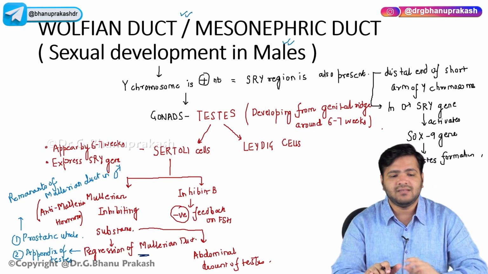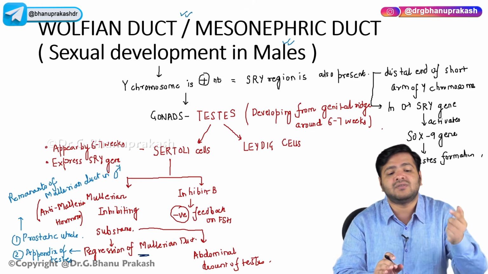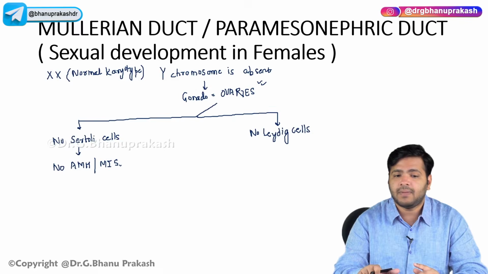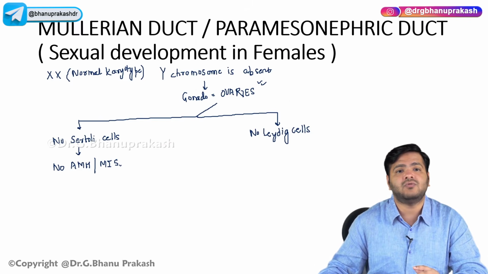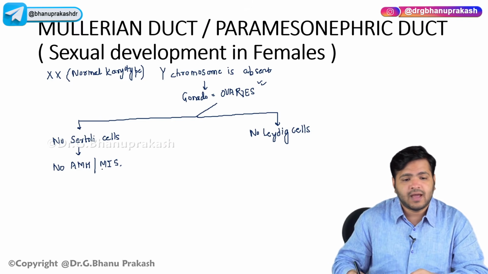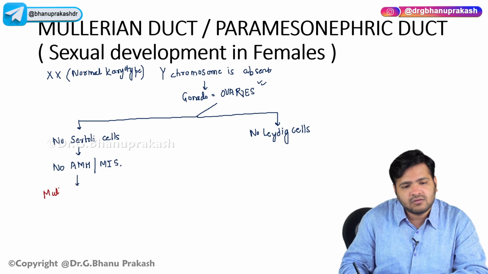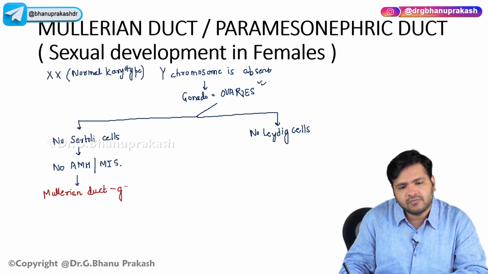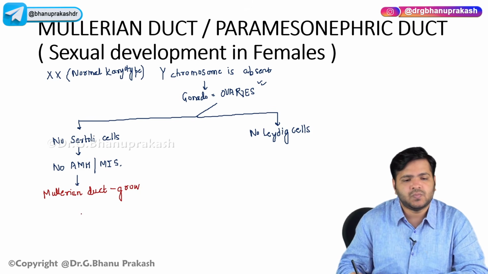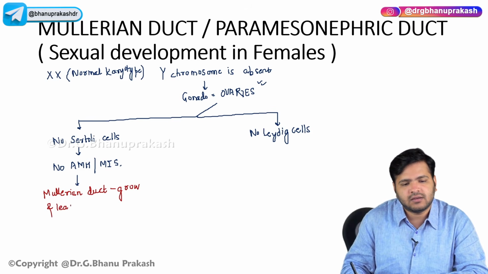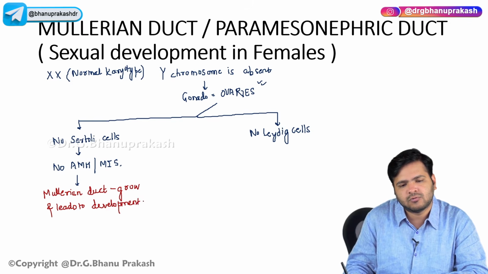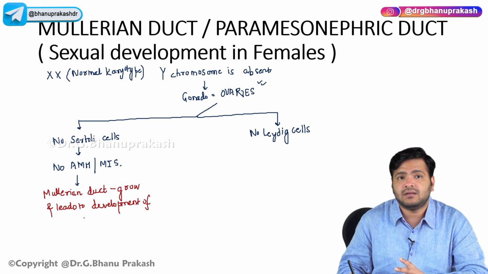You already know in males there was Müllerian inhibiting substance, so there was regression of the Müllerian duct. But over here, if there is no anti-Müllerian hormone, what will happen? The Müllerian duct will grow, and it will lead to the development of the female genital organs.